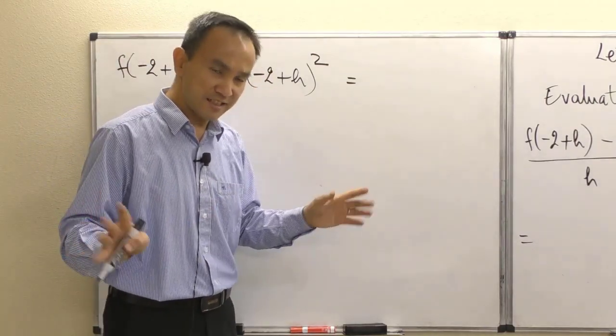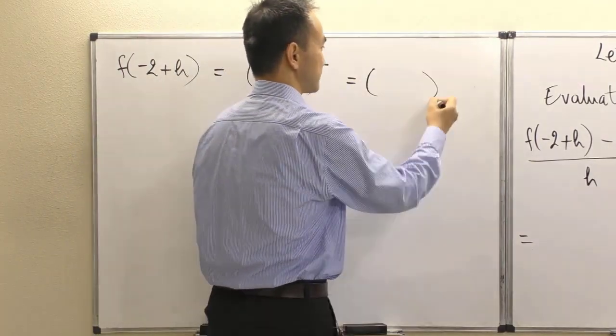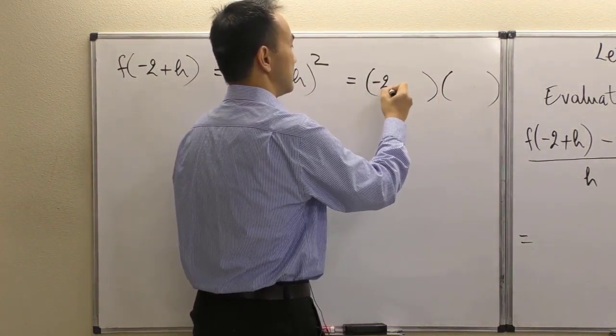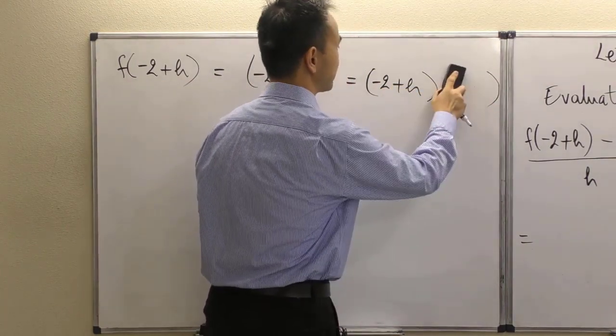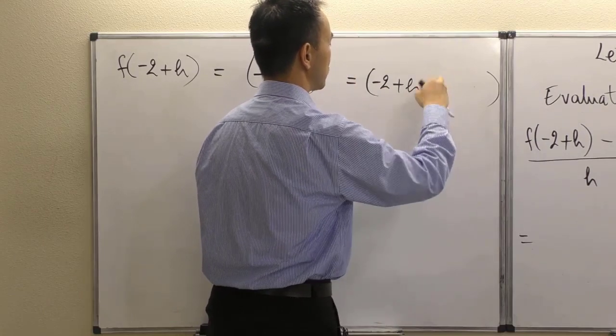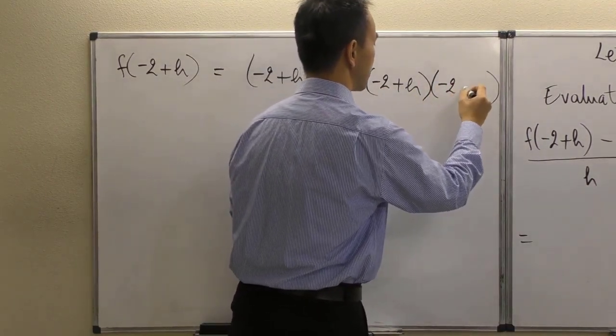But I'm not saying that this is the fastest method here. I'm seeing this as just simply a product of two identical factors. Okay, so minus 2 plus h times minus 2 plus h.